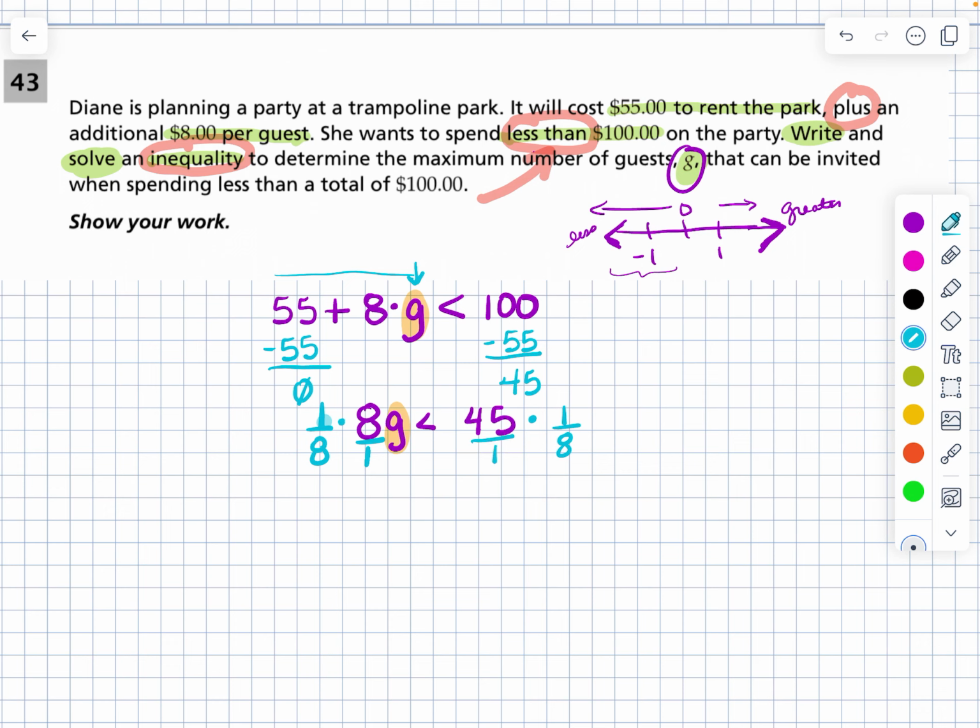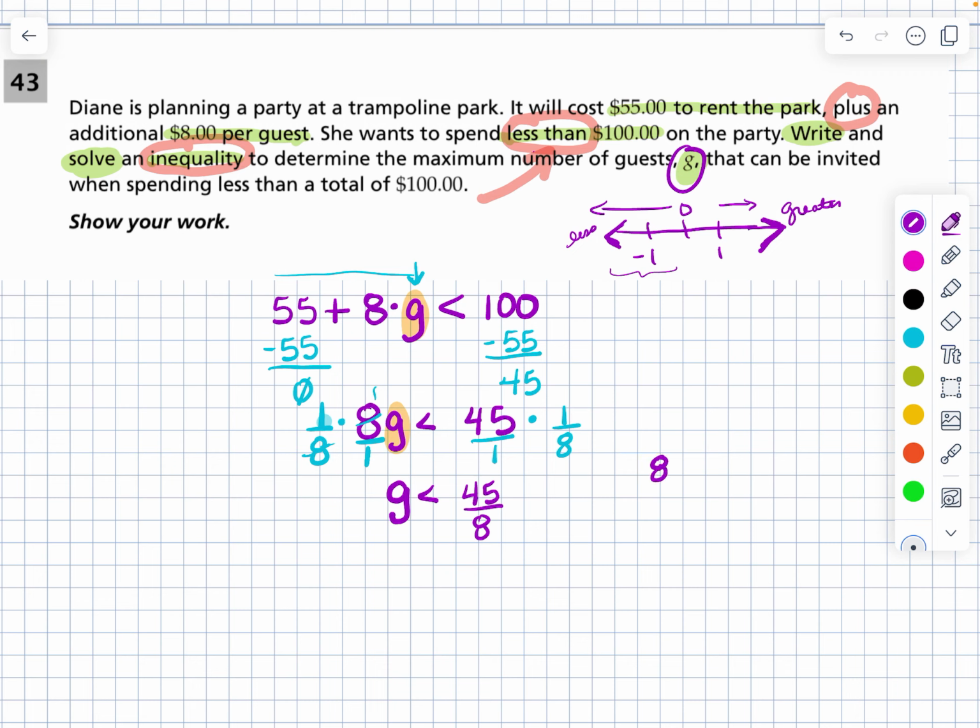So 8 goes into 8 one time, so now the coefficient of G is 1, and we don't write the 1, but it's implied. So G is less than 45 over 8. We are almost done with this problem. Now all we need to do is divide 45 by 8 to see how many guests can come.